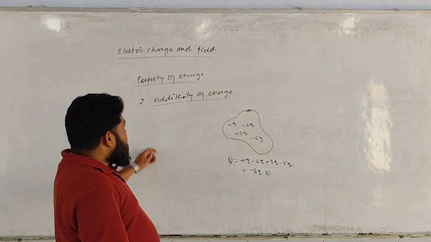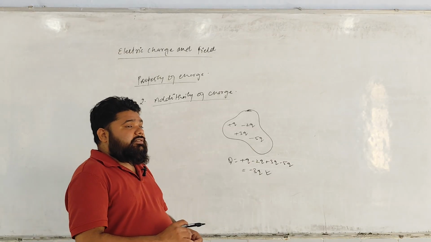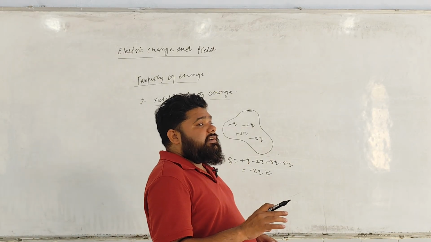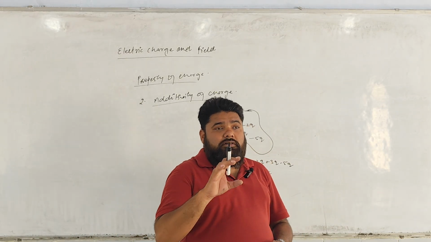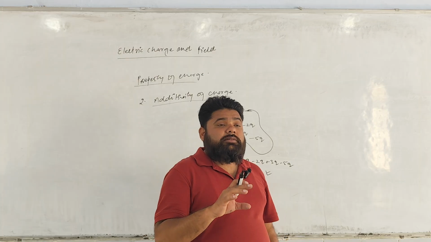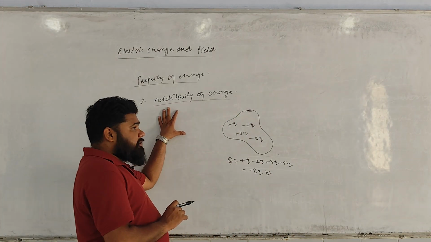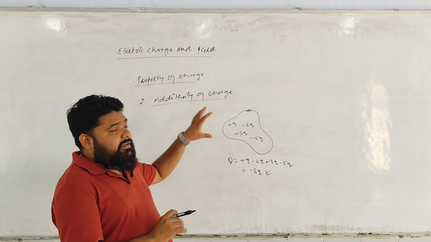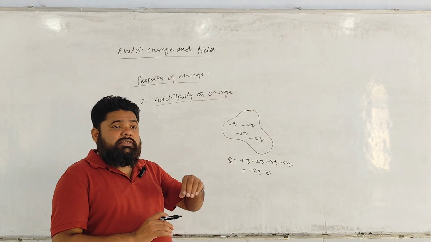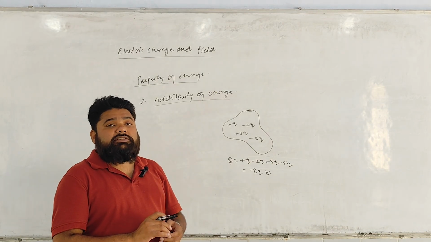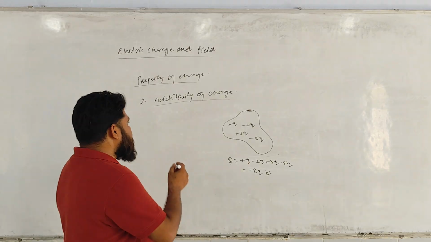That means when we say the additivity of charge, the additivity of charge is the total charge on the system is the algebraic sum of the charge present over the body. So when you define additivity of charge, you will define that additivity of charge is the total algebraic sum of the charge present over the body.